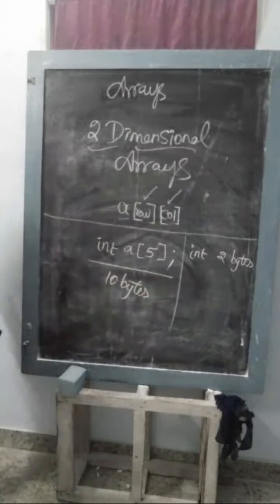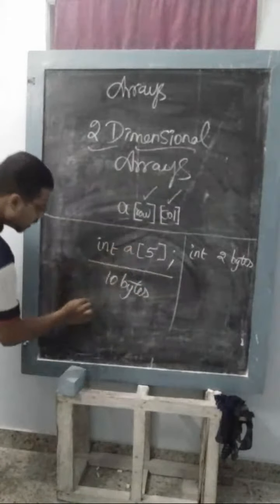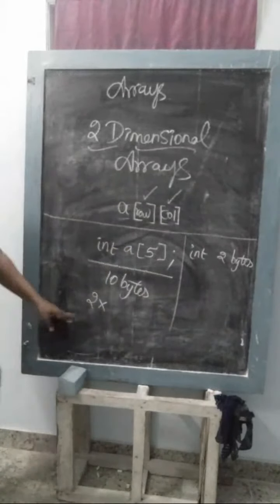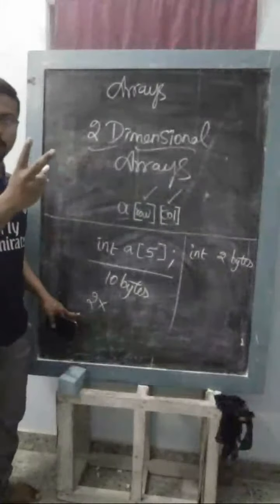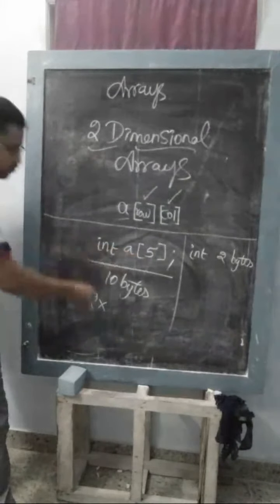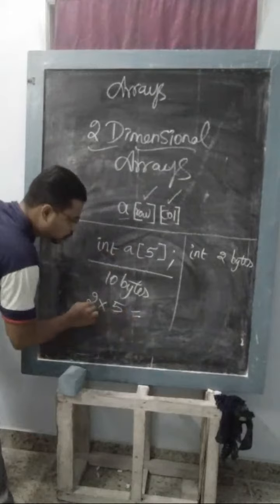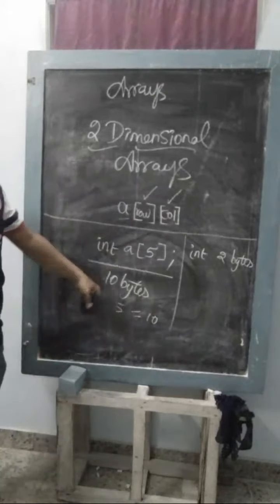Why? Because an integer consists of 2 bytes and there are 5 elements, so 2 times 5 is 10 bytes.